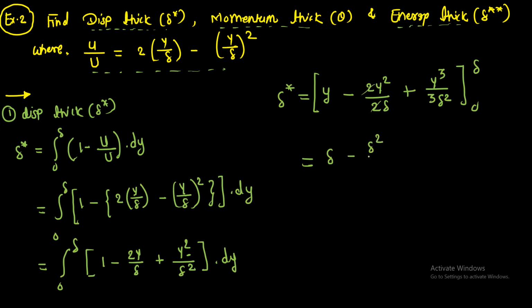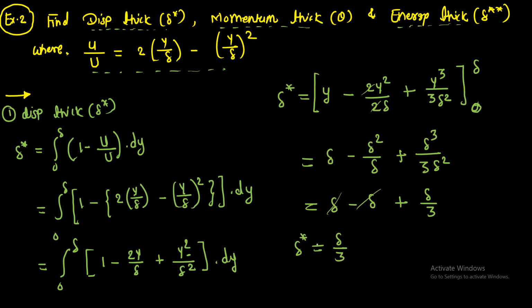So this is delta square upon delta plus delta cube upon 3 delta square, and if I put 0, everything will be 0. So just simplify this. So this is delta minus delta plus delta cube and delta square, this is delta upon 3. So this will get cancelled, plus minus. So delta star is equal to delta upon 3. So this is the answer for the displacement thickness. Okay.